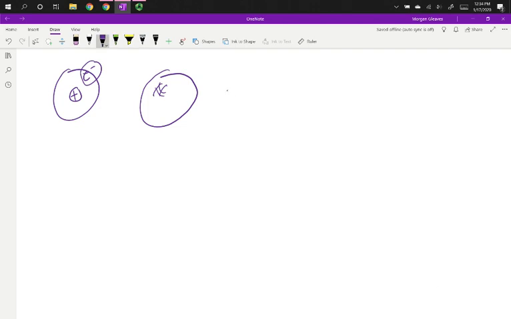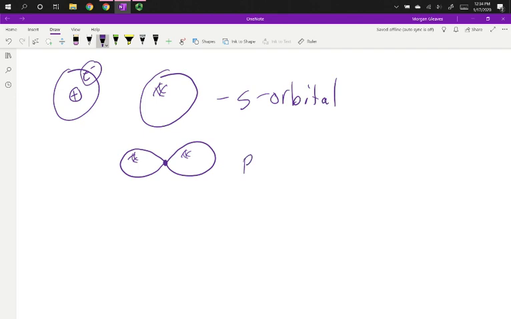If you're spherical, you are an s orbital. If your nucleus is here and you are two spheres on either side, so kind of like holding two balloons joined at the center, this is a p orbital.